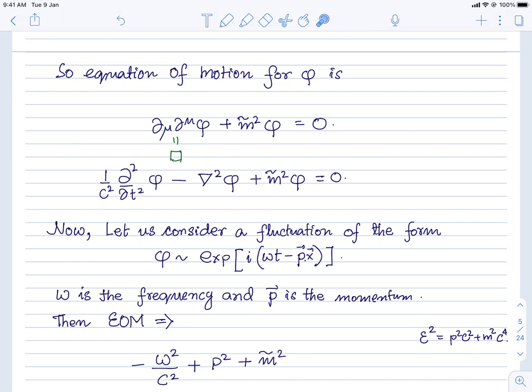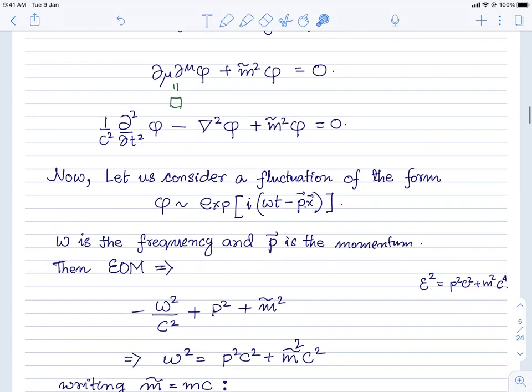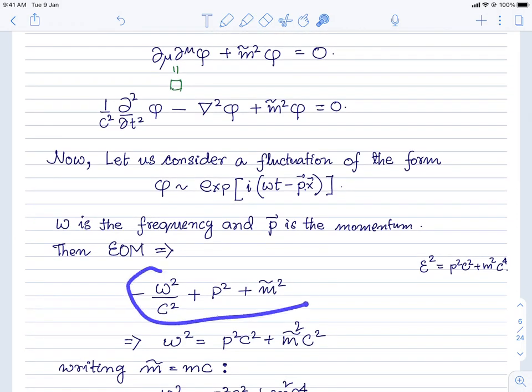But let us say that we take an ansatz like a sine or a cosine, e to the power i(omega t minus p x), this kind of an ansatz, and plug it back into this equation. What do we get? We get an equation like this, right? Because the double time derivative brings me an i omega squared from here, and that gives me a minus omega squared over c squared.